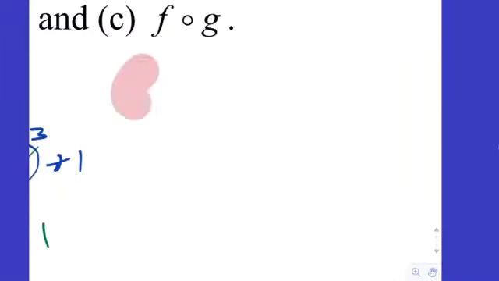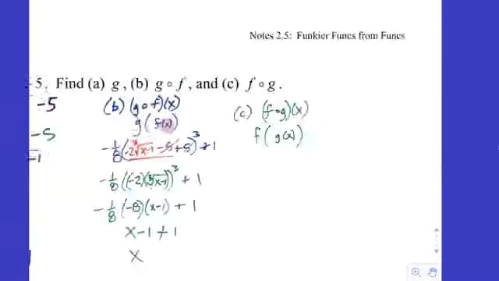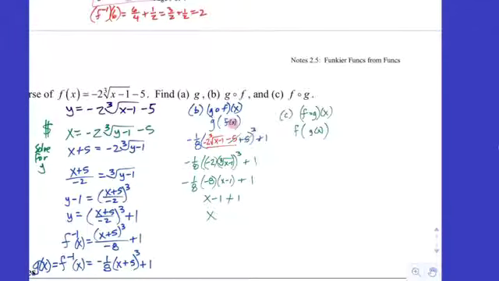Now in part C, we're composing it the other way. F of g of x. So let's write it in the condensed version, f of g of x. And now the expanded version, f of g of x. So we're composing them the other way. And if you remember from Algebra 2, or from the beginning of this section, composition in general is not commutative. $10 off and a 10% discount, it matters the order in which you take it.